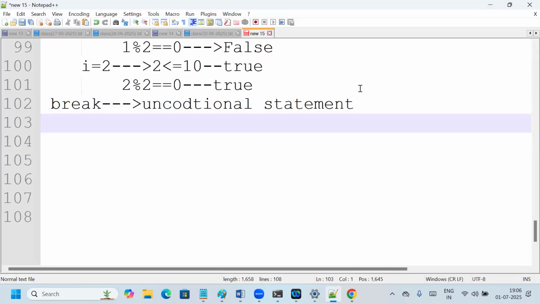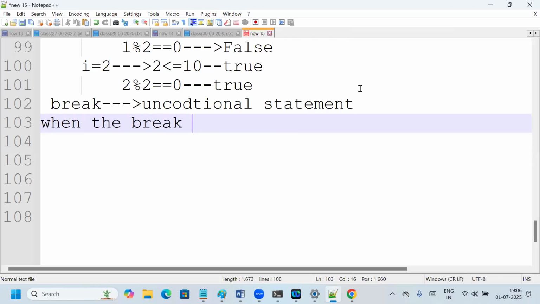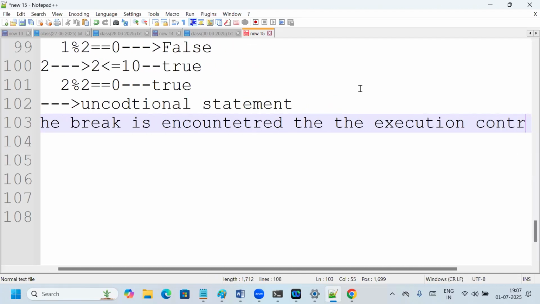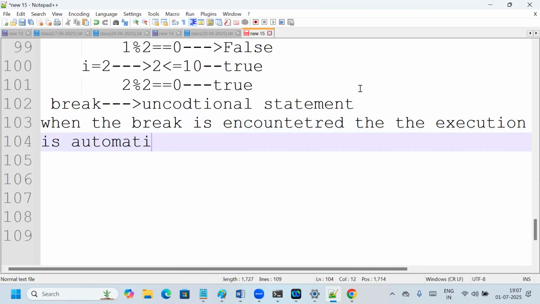And what will happen when the break is encountered? When the break is encountered, the cursor or the execution control automatically comes out of the loop, comes out of that block.